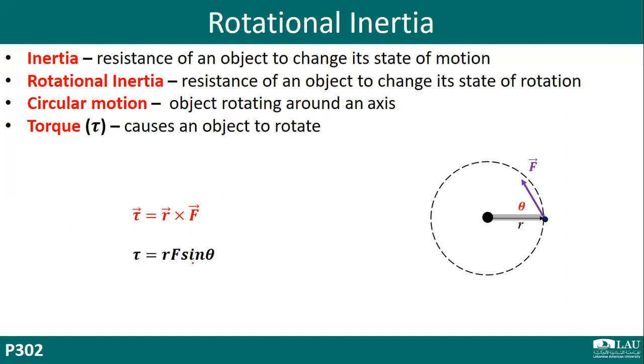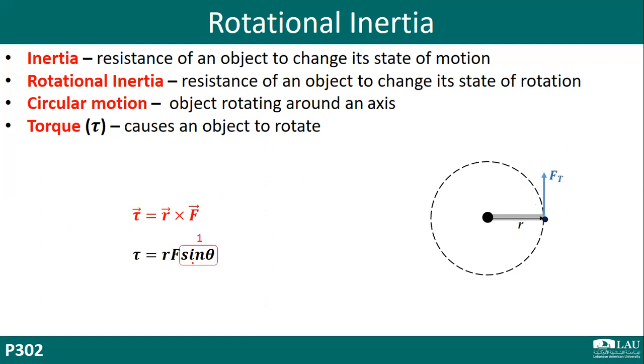The magnitude of the torque is given by the magnitude of r, simply the radius, times the magnitude of the applied force times sine theta, where theta is the angle between F, the applied force, and the rod, for example, here. To have a maximum value of the torque, sine theta must equal 1.